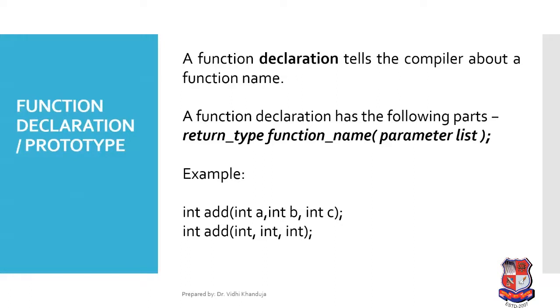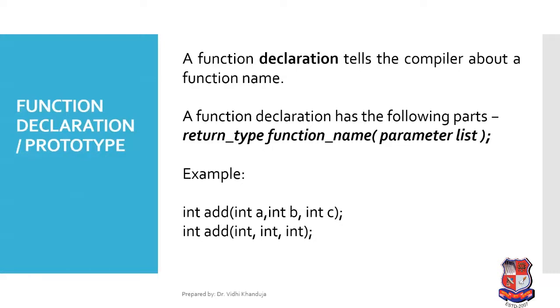Normally, the function definition is written after the main, so in those cases we have to include this function declaration above the main, just after your header files. This will tell the compiler that this particular function is going to come in future.